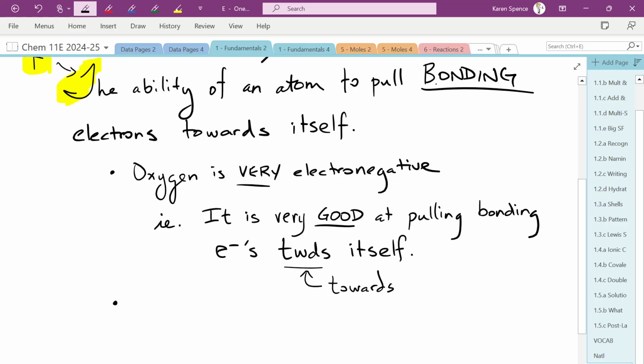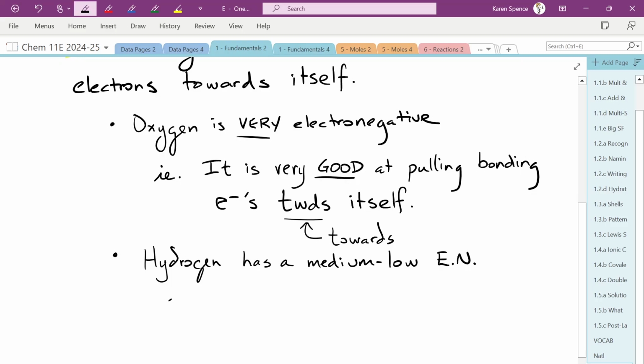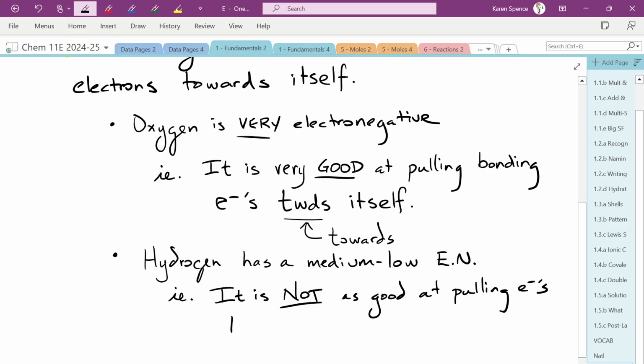Hydrogen has a medium low electronegativity, i.e., in other words, it is not as good at pulling bonding electrons towards itself.